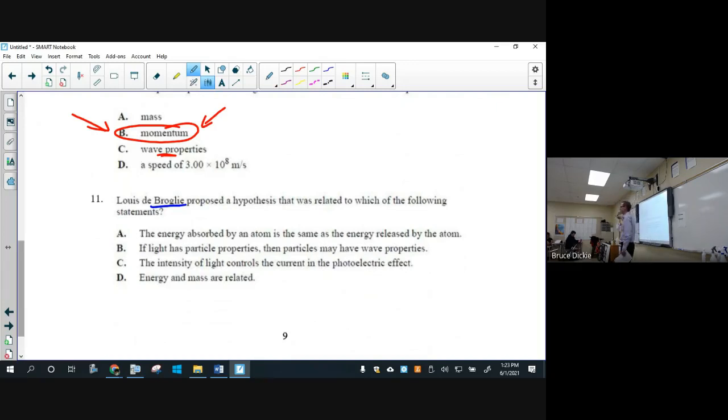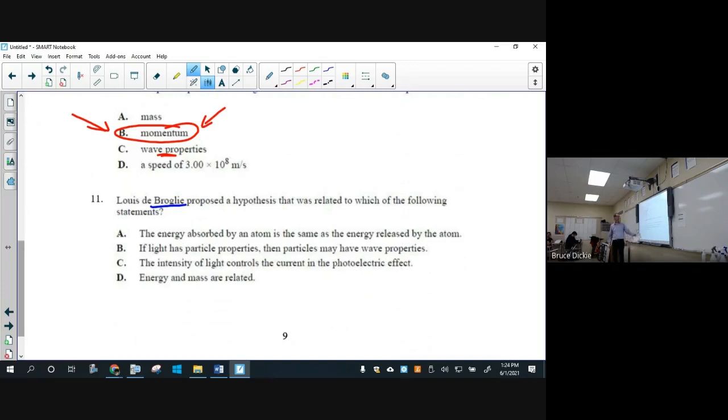And evidence came from electron diffraction experiments. You don't need that second part for this question, but you might down the road. Particles can have wave properties, and evidence comes from electron diffraction experiments. Okay, let's look at what option is closest to one of those two things.